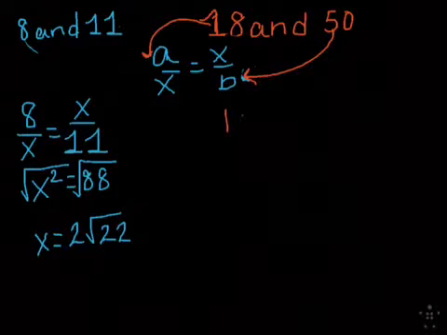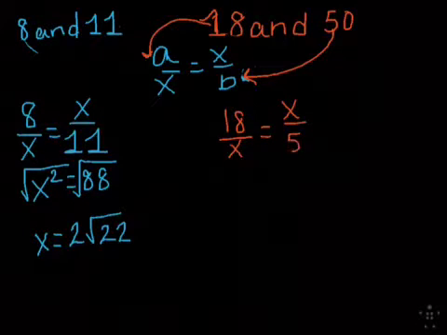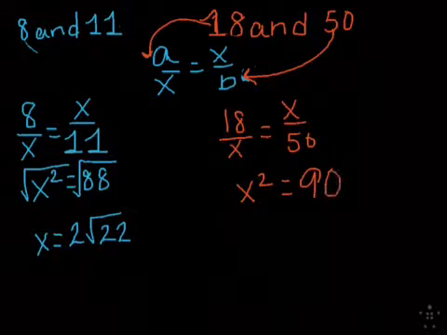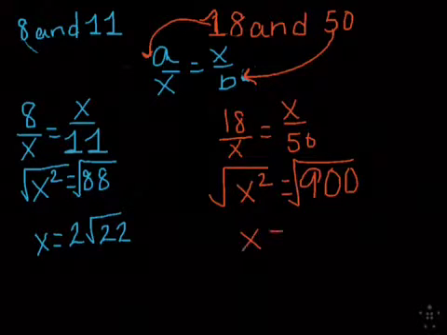So I'm going to have 18 over x equals x over 50. Cross multiplication, so x squared equals 900. Take the square root of both sides. x is going to equal 30.